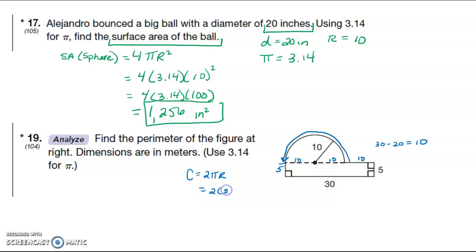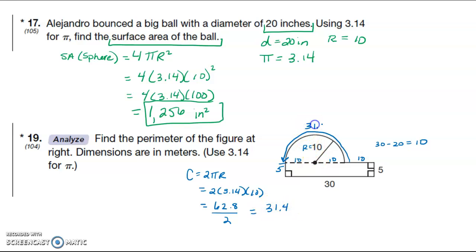So I have 2 times 3.14 times r, which is 10, which is 2 times 3.14 times 10, 62.8. And then I have to divide that by 2 because I only have half of a circle, which is 31.4.